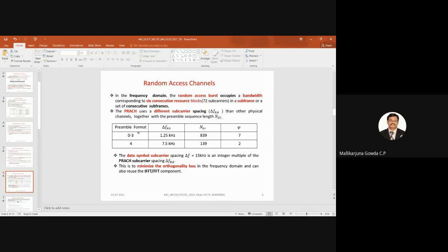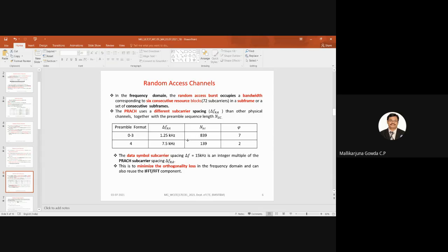Preamble formats 0 to 3 have a subcarrier spacing of 1.25 kilohertz and a sequence length of 839. I hope I told what this psi is; its value is 7. Preamble format 4 uses a subcarrier spacing of 7.5 kilohertz, with a preamble sequence length of 139, and this value is 2.